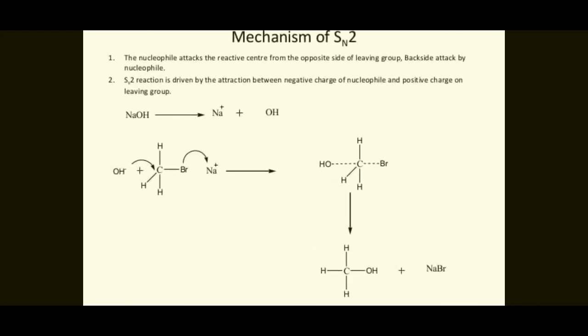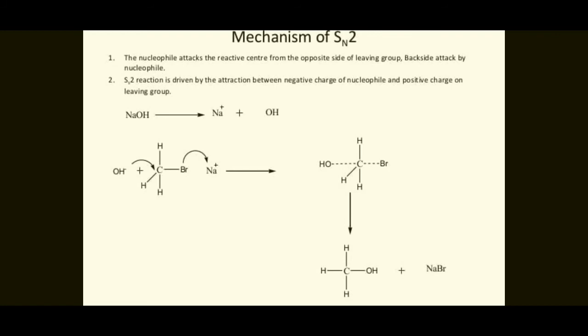Now the mechanism of the bimolecular nucleophilic substitution reaction, SN2. The nucleophile attacks the reactive center from the side opposite to the leaving group. So backside attack by the nucleophile occurs, driven by the attraction between the negative charge of the nucleophile and the positive charge on the leaving group. NaOH dissociates to Na plus and OH minus.